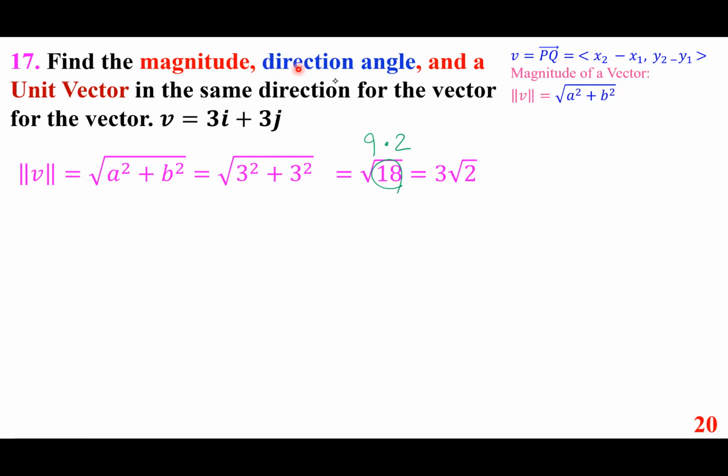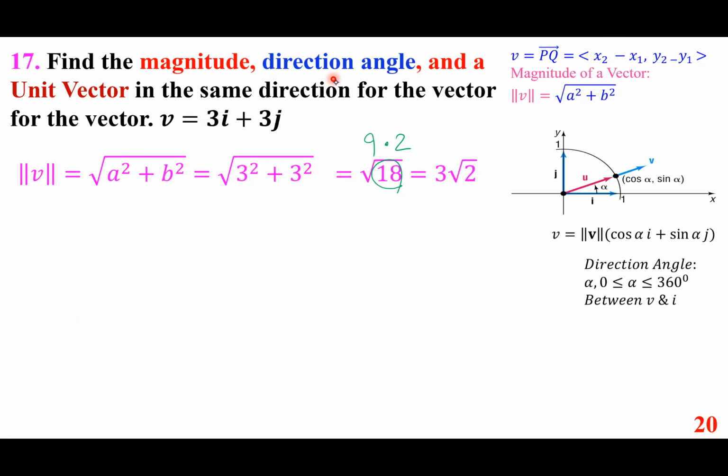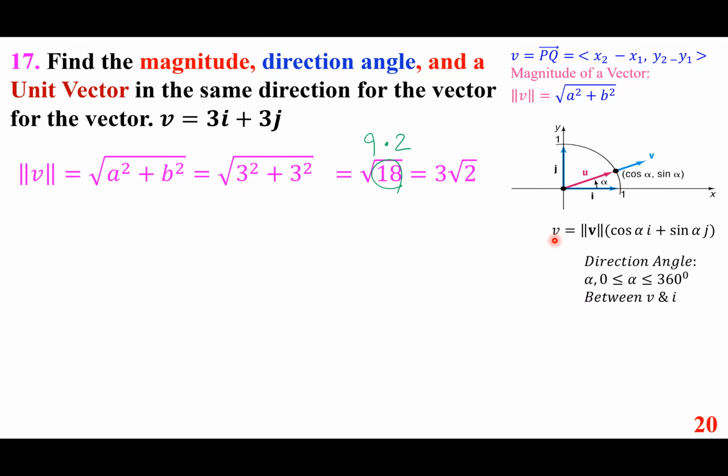We want to find the direction angle. So let's remind everybody that a vector v is the product of its magnitude and cosine alpha i, the i direction, plus sine alpha j, the j direction. And alpha is the direction which is normally positive, from 0 to 360. And it's the angle that v makes with the x-axis, in this case alpha.